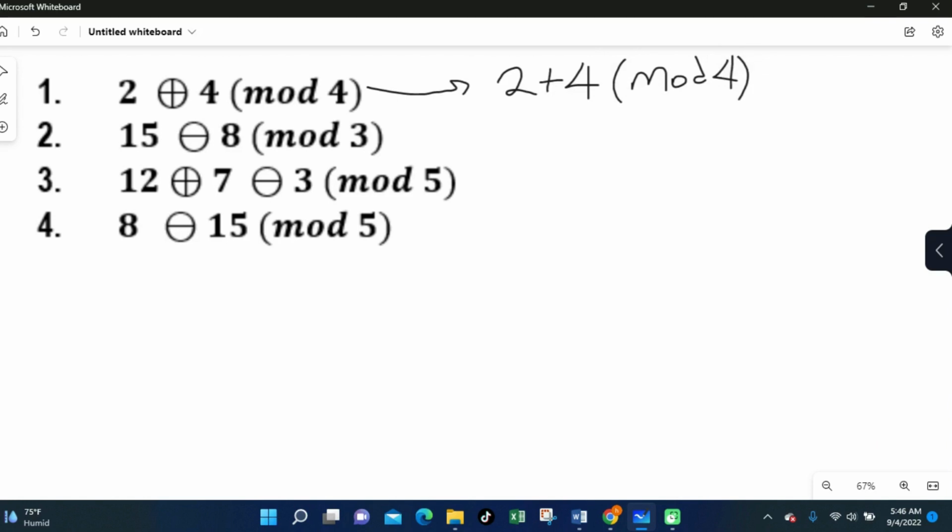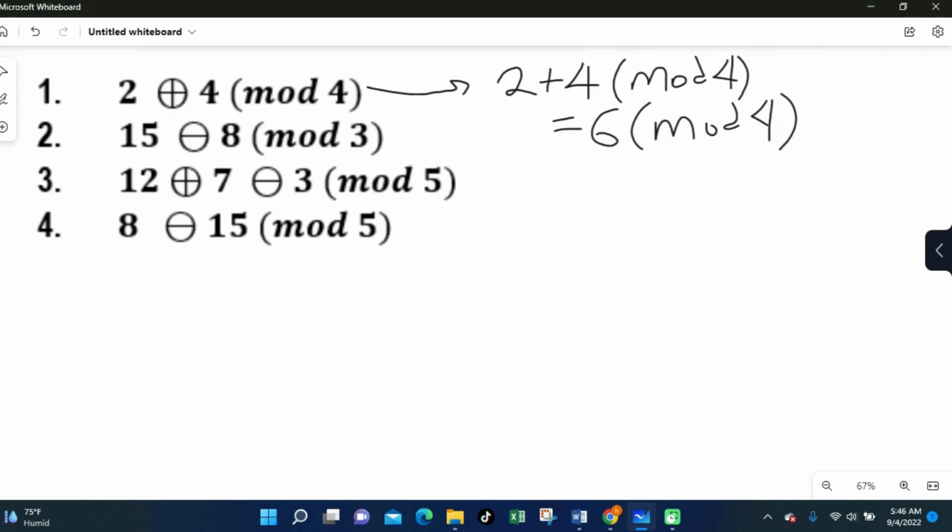So 2 plus 4 will give us 6 in mod 4. Having gotten 6 in mod 4, the next thing we'll ask ourselves is to simplify.